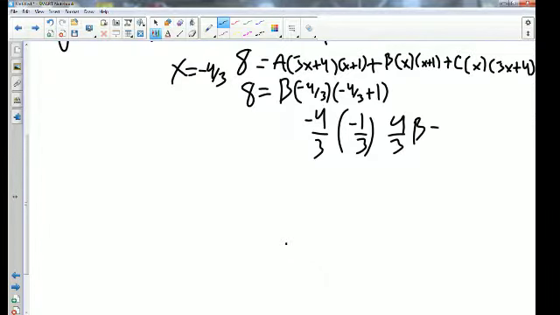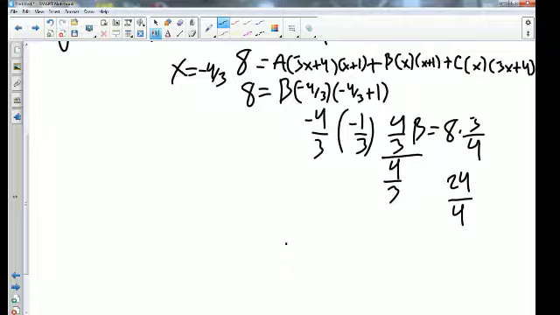So 8 equals b times 4/3. And then you want to divide by the same thing, 4/3, which is like multiplying by 3/4, so 8 times 3 over 4, 24 over 4, you get b equals 6.